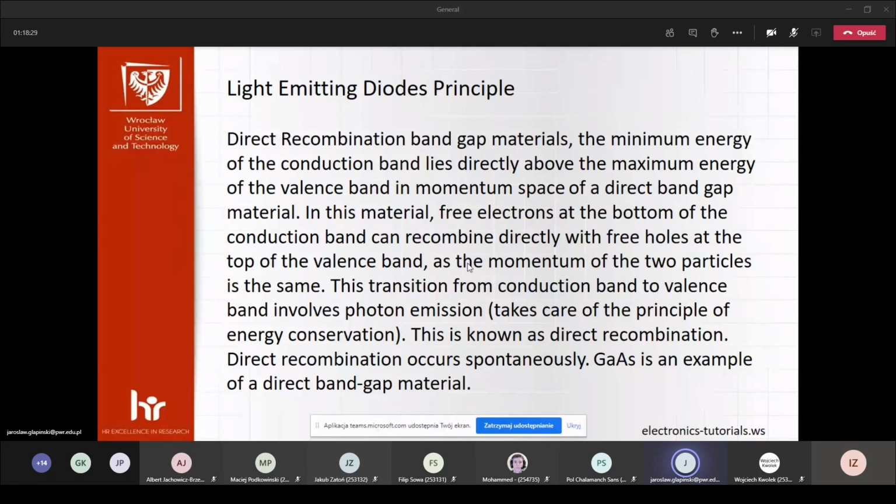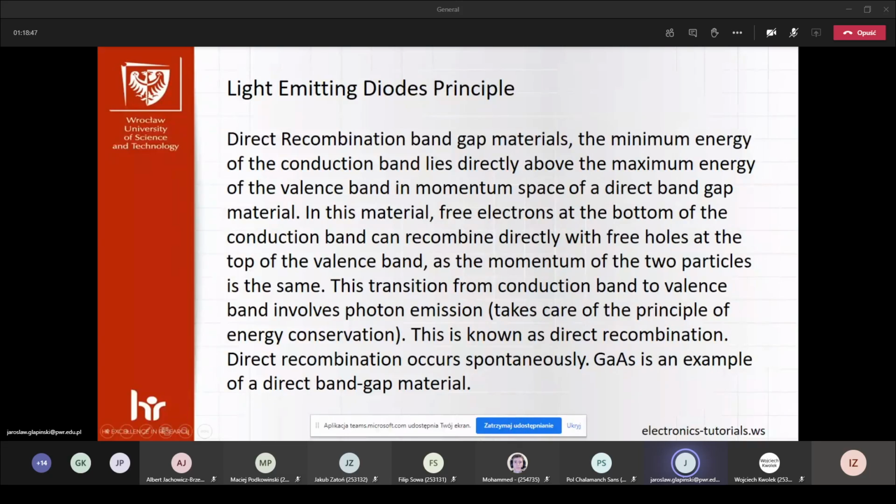And this energy is enough to move the electrons and recombine with the holes and emit the light. This is, for example, for gallium arsenide.